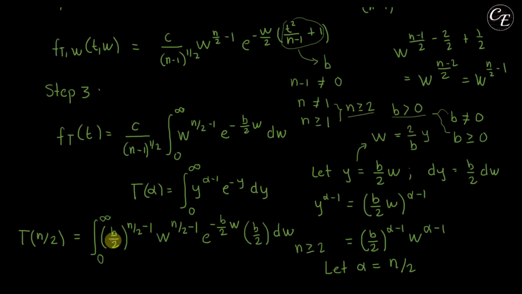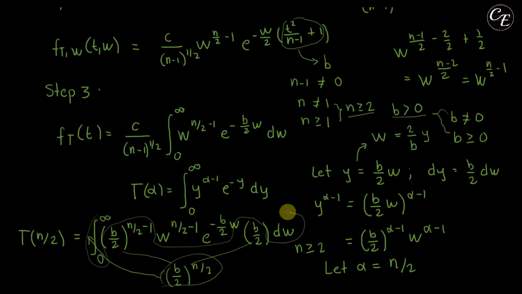And then, in here, we can combine both constants, this and this, so it will become b over 2 raised to n over 2 minus 1 plus 1, which is n over 2. Then we can put it outside of this integral. And then what remains in this expression is the same as this.